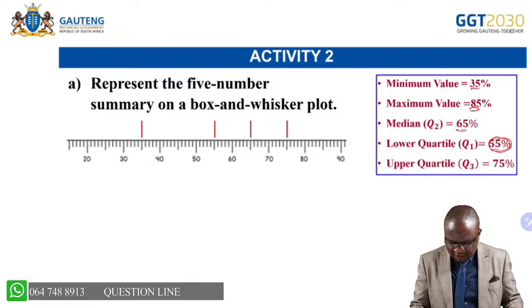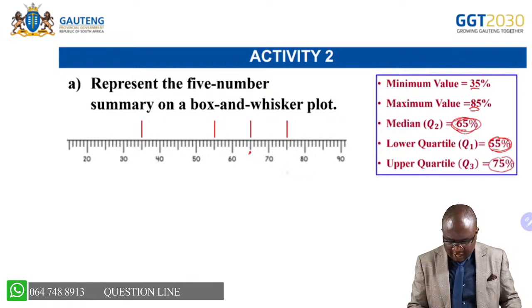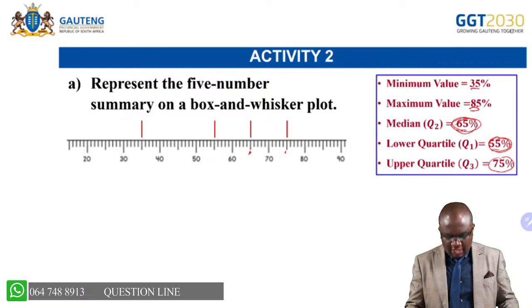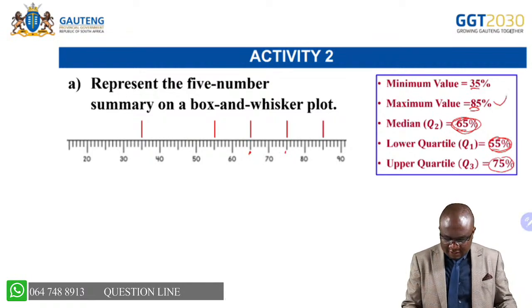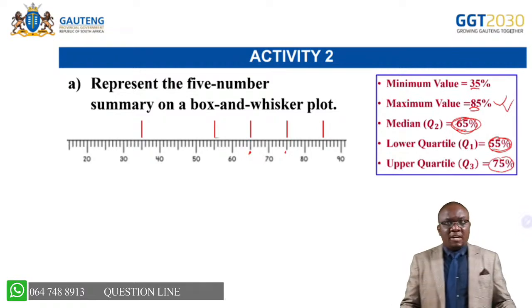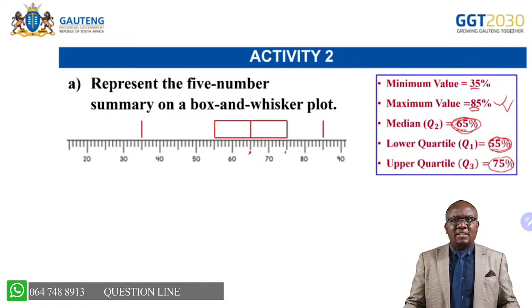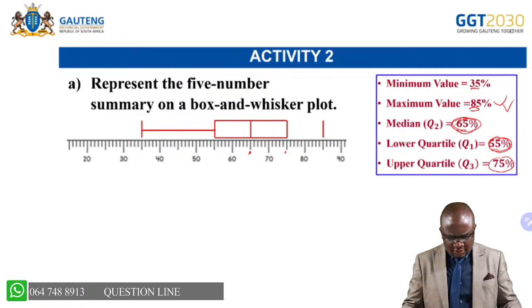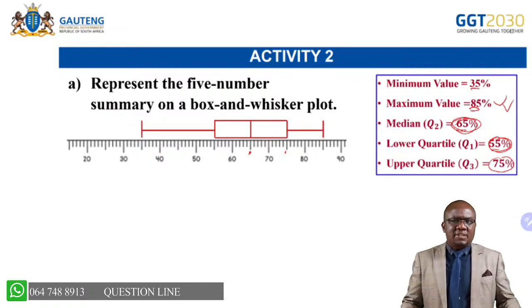This is 55 for the lower quartile, and then 65 for the median, and then 75 for the upper quartile. And then the maximum is 85. Then I can draw my box. That's the box, and then the whiskers. That's what you're supposed to do.